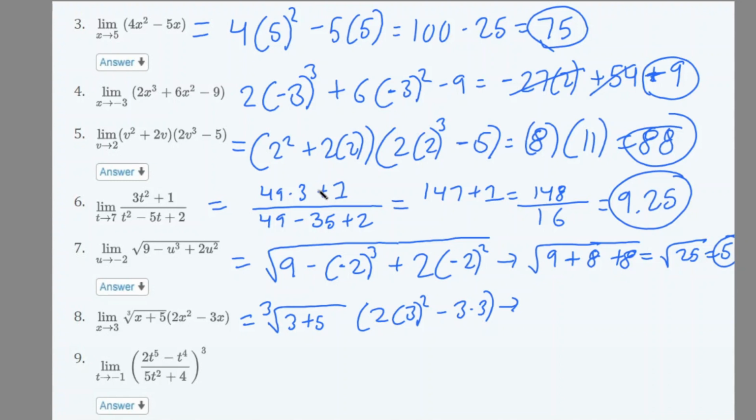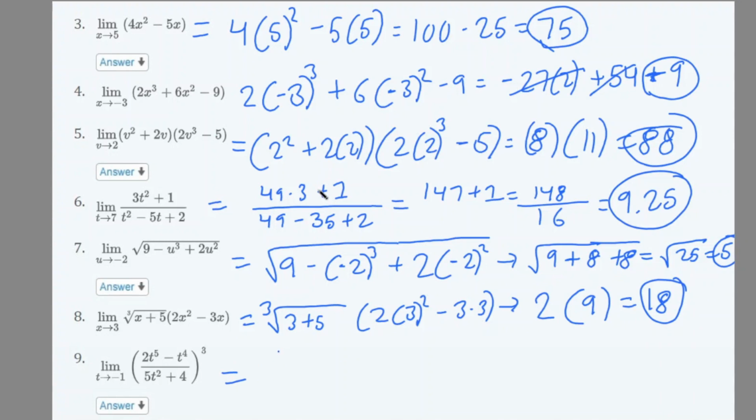The cube root of 8 is 2. And then times, we have 3 to the power of 2, which is 9, times 2, which is 18. 18 minus 9 is 9. So 2 times 9 gives us 18. That is your final answer.